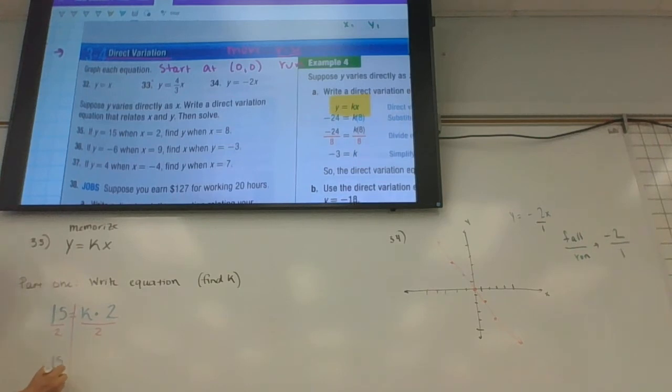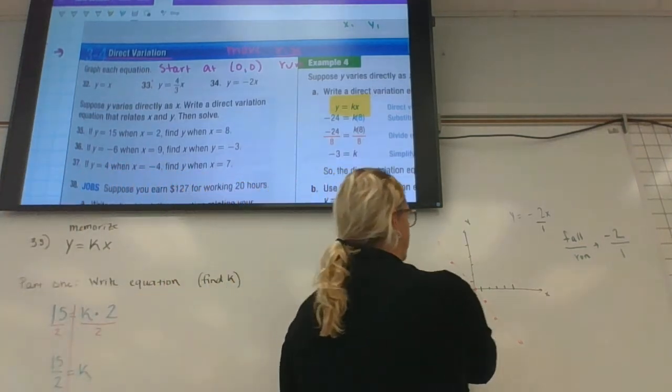I don't want a decimal. I want you leaving this kind of strange looking fraction. So our goal is to write our equation. Our equation is going to be y equals 15 over 2 x. That is part one. The rise over run in this particular problem is up 15 over 2.